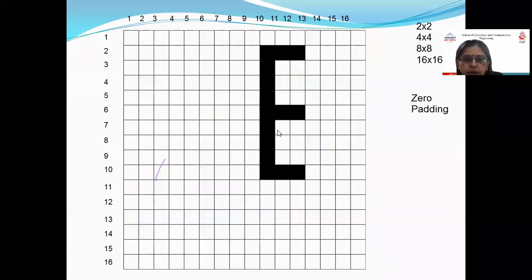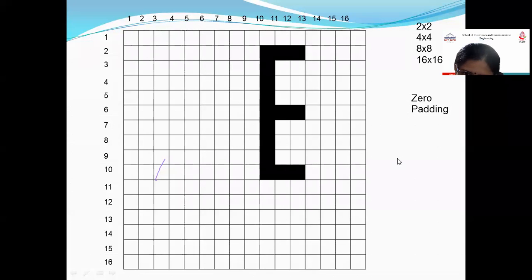So here basically from 11 by 11 size, you need to convert it to a size which is in powers of 2. So you can pad the image with additional columns and rows with 0 values, convert it to 16 by 16 and then start the splitting.